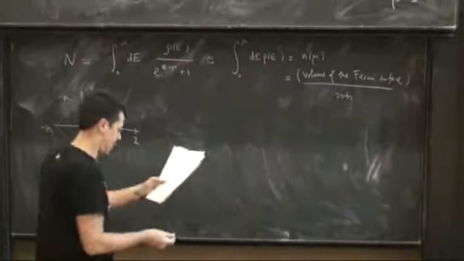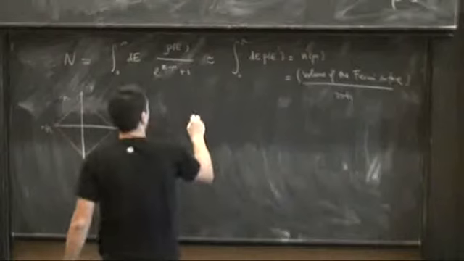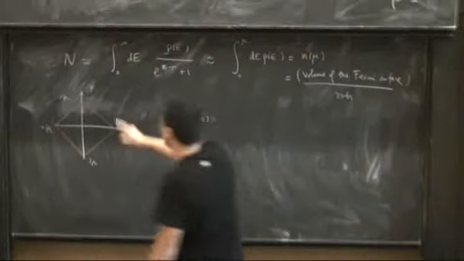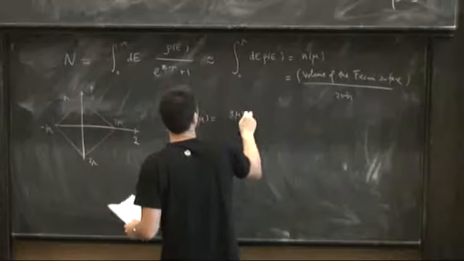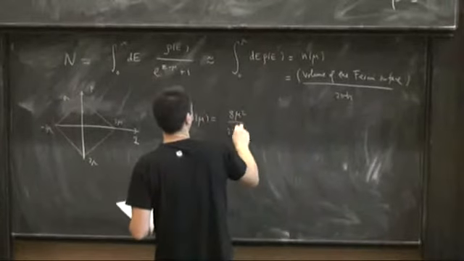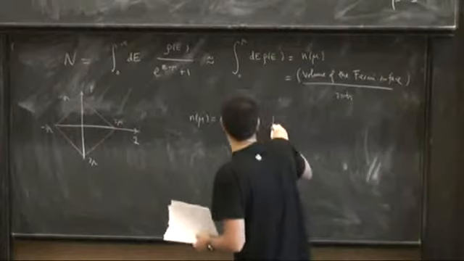So you see that n of mu is just the volume of phase space, which is 2 mu squared, divided by 2 pi h bar. Okay? So this is then n.